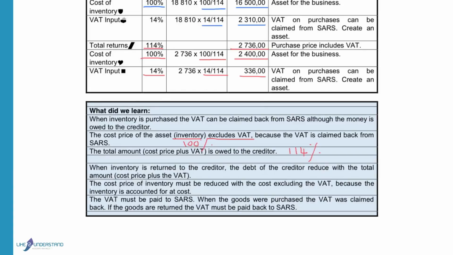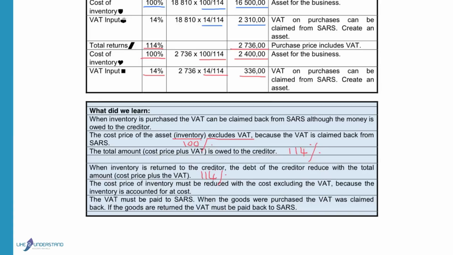When inventory is returned to the creditor, we will reduce the creditor with the total amount, that is the cost price plus the VAT, and we will reduce the creditor with a full 114%. The cost price of inventory must be reduced with the cost excluding the VAT, because the inventory is accounted for at cost.